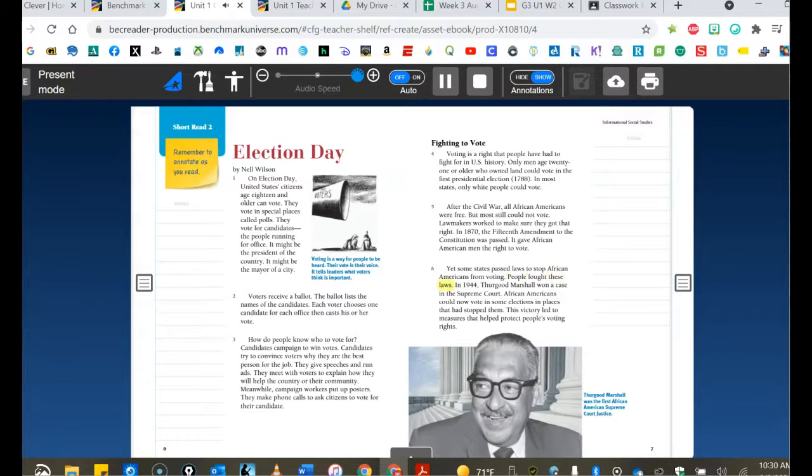People fought these laws. In 1944, Thurgood Marshall won a case in the Supreme Court. African Americans could now vote in some elections in places that had stopped them. This victory led to measures that helped protect people's voting rights. Thurgood Marshall was the first African American Supreme Court Justice.